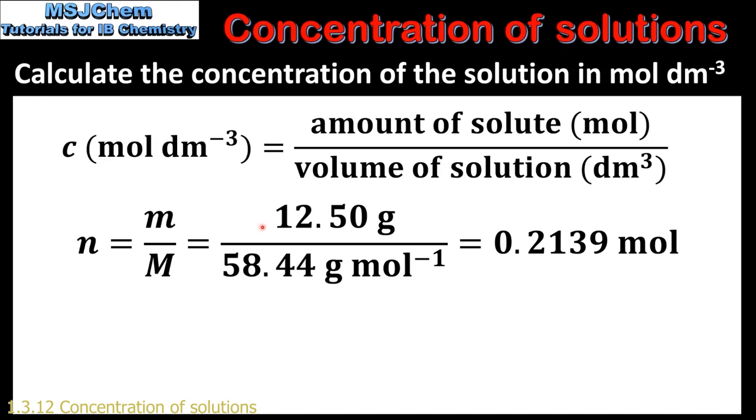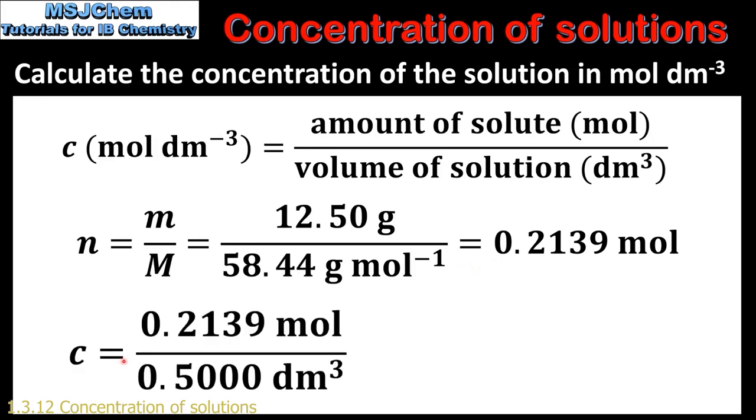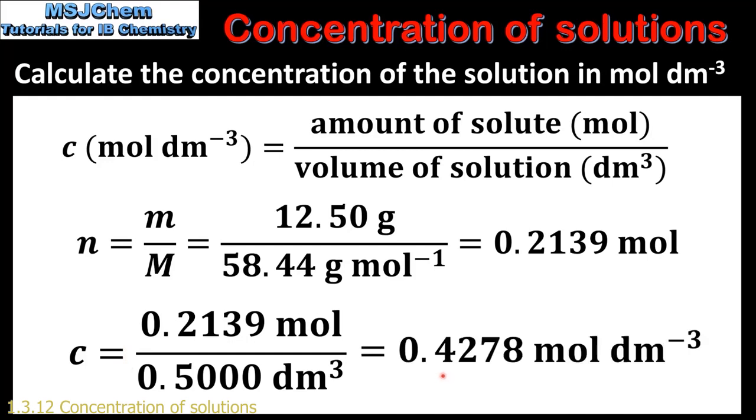The mass of sodium chloride is 12.50 grams, and the molar mass of sodium chloride is 58.44 grams per mole. If we divide the mass by the molar mass, we get the amount in moles, which is 0.2139. The final step is to divide the amount in moles by the volume in cubic decimeters, and this gives us a concentration of 0.4278 moles per cubic decimeter.